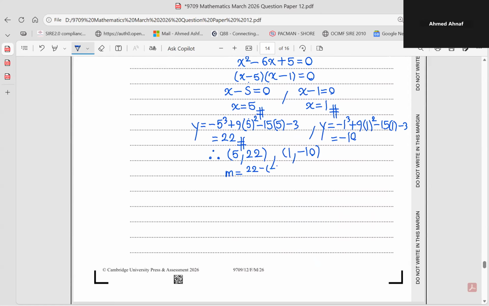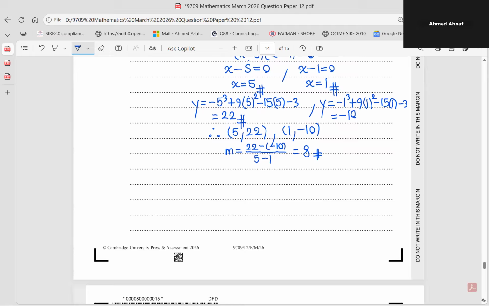So 22 minus negative 10, over x2, which is 5, minus x1, which is 1. So you will get 32 divided by 4, which is 8. So the gradient of the line is 8.